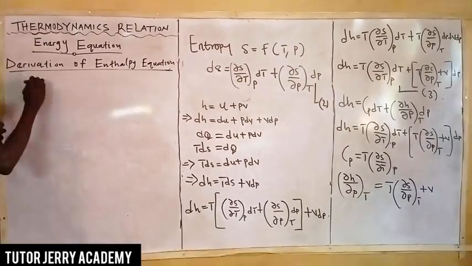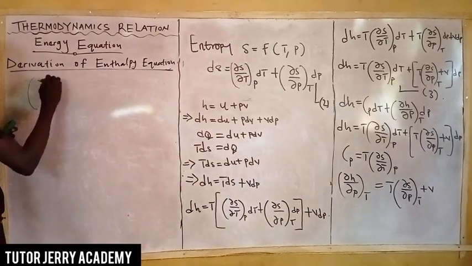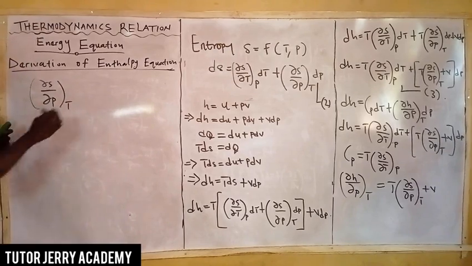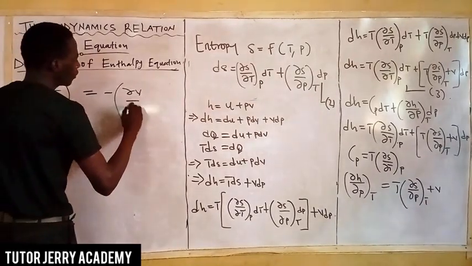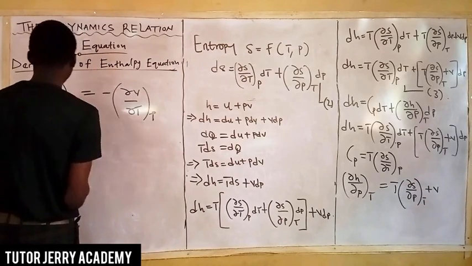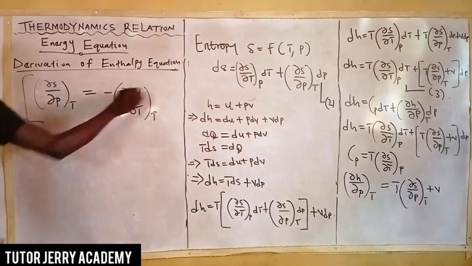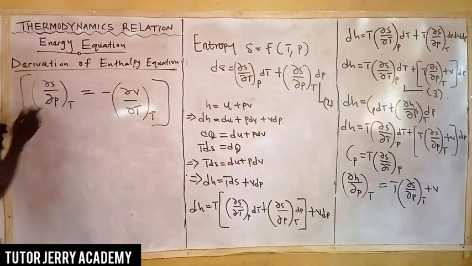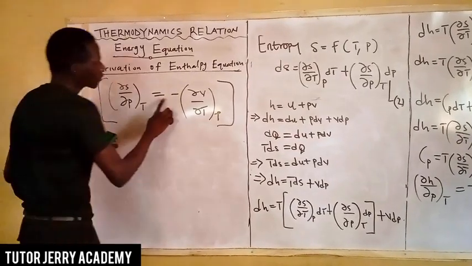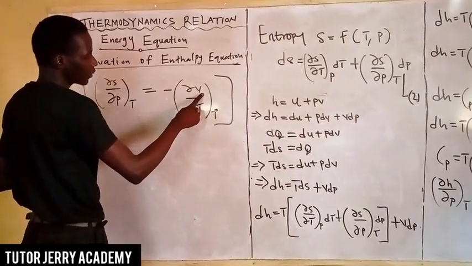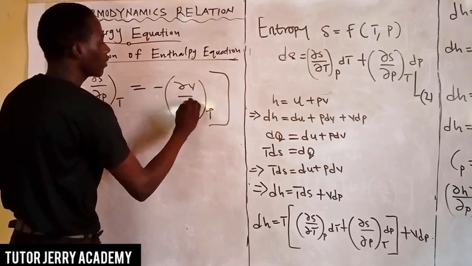We know from our Maxwell equation from our previous video that the partial derivative of S over the partial derivative of P, keeping T constant, equals minus the bracket of the partial derivative of V over the partial derivative of T, keeping P constant.